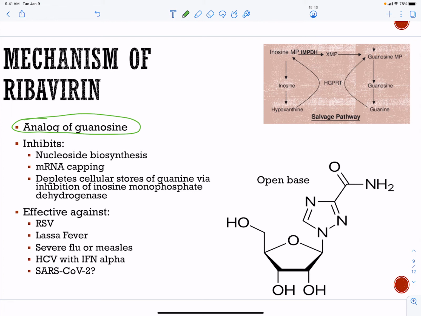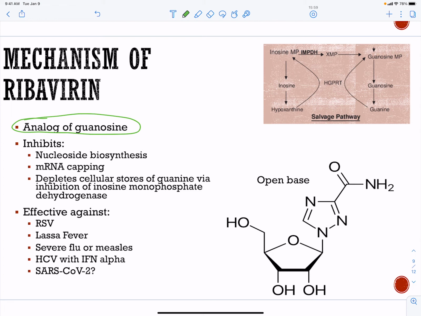It's going to also inhibit the formation of nucleosides. So it's going to deplete your intracellular sources of guanine, and that's through purine recycling. So this has a little bit more broad reaction.